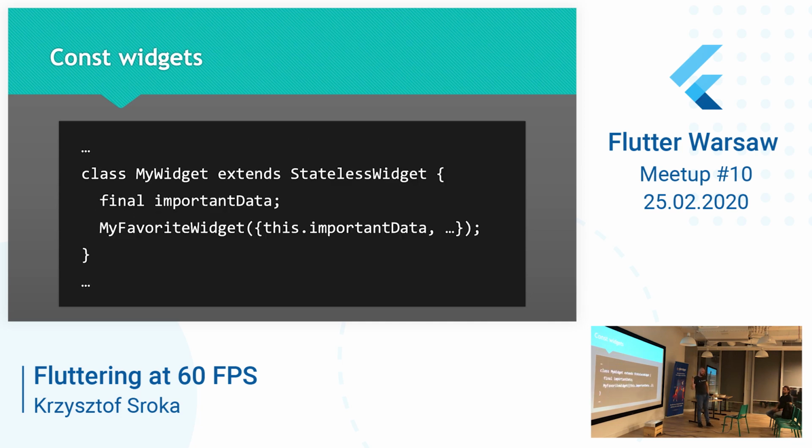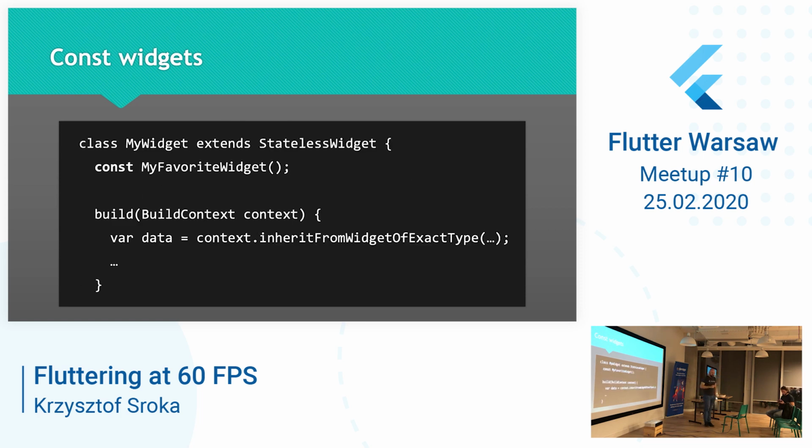But what this means is that this widget cannot be const unless the data is const. But usually it isn't. It's something that we change. Let's say a value of a slider, right? So we pass a value parameter to the slider or value to the preview.